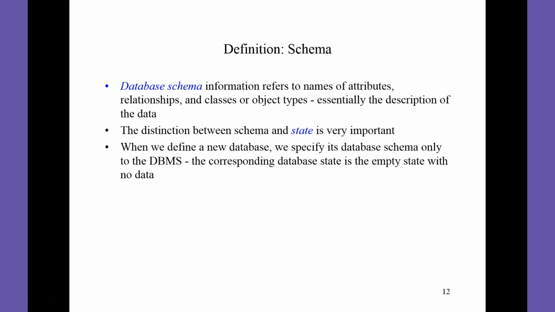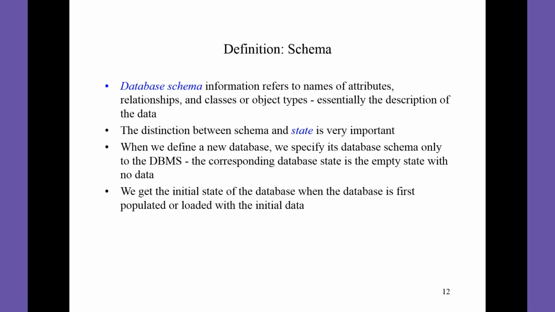When we define a new database, we specify its structure or schema. And that's all that we specify. The corresponding database state at that initial point is empty. We have no data. We obtain the initial state of the database when the database is first populated or loaded.